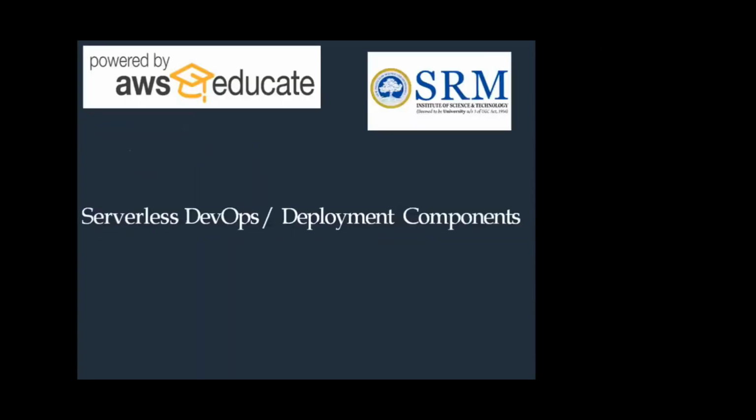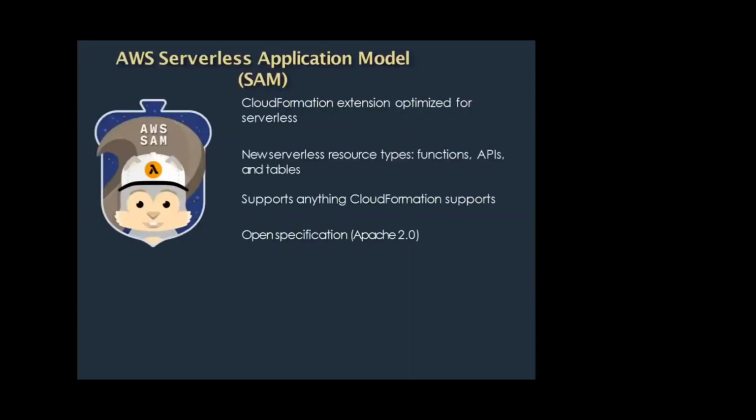So moving on further, that is serverless DevOps and its other components. We'll talk about SAM in detail from here. The AWS Serverless Application Model, also SAM, is an open source framework for building serverless applications.